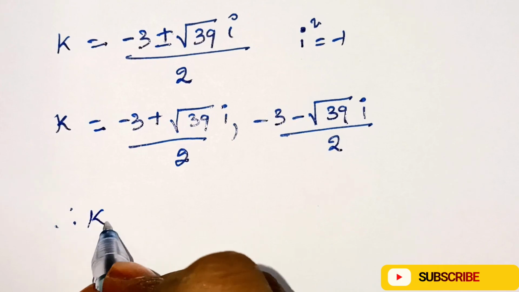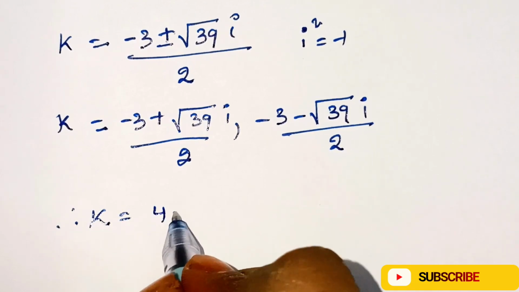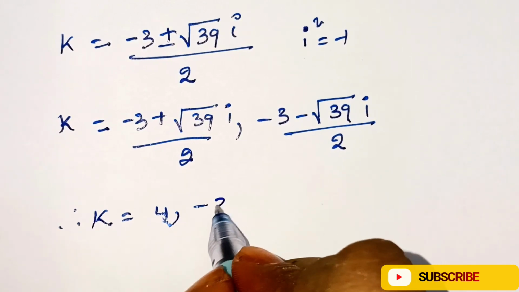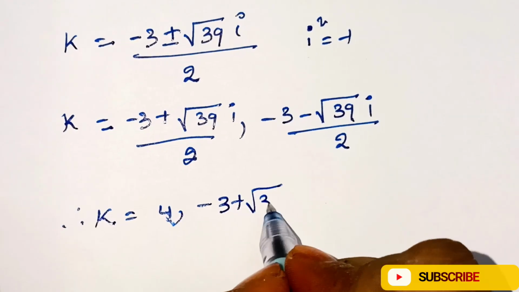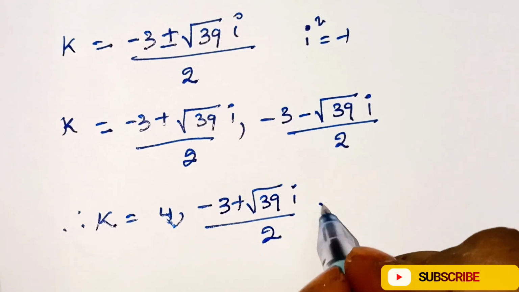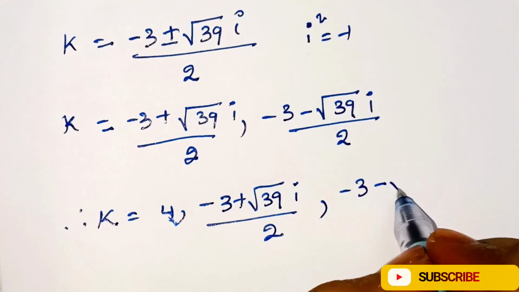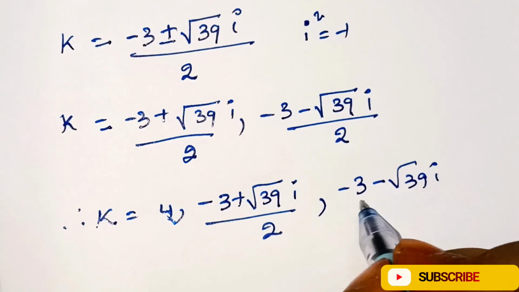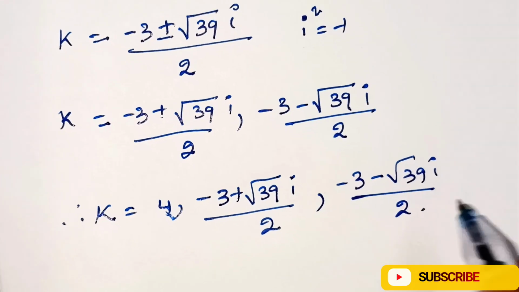Therefore, the k values are 4, minus 3 plus root 39 into i by 2, and minus 3 minus root 39 into i by 2.